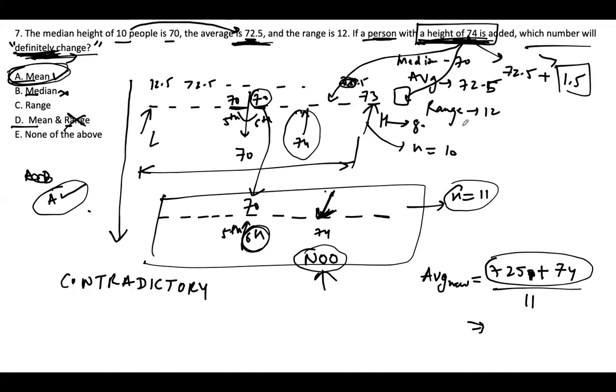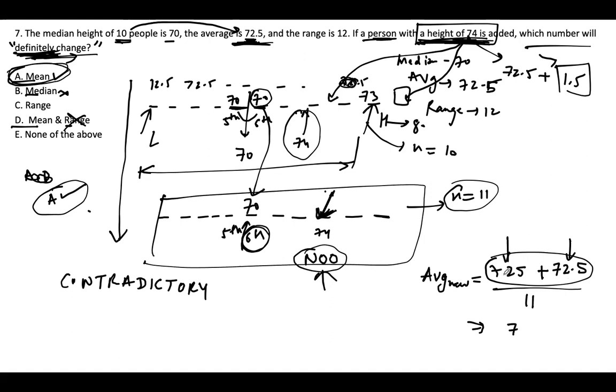But how? The sum will increase. The number of observations will increase, right? So that is what I'm telling you. Earlier, the sum of samples was 725, correct? 10 into 72.5, which was 725. Plus, let's say the person that was coming is of height 72.5. You calculate.